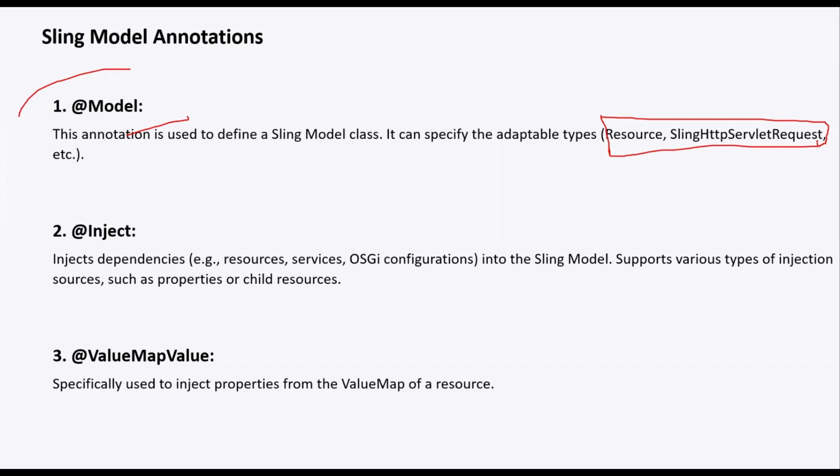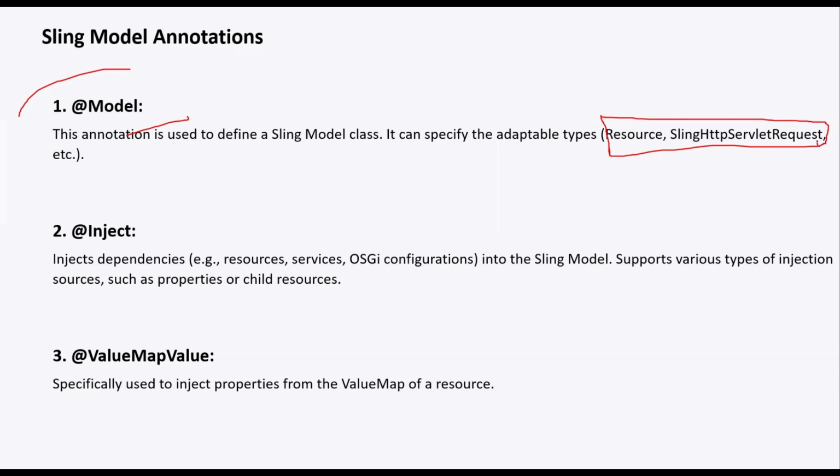With respect to value map value, we can add only properties of the resource. Whatever dialog values we have, those values we can inject within the value map value annotation.